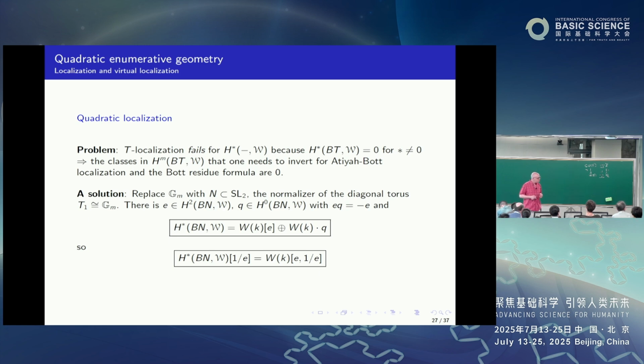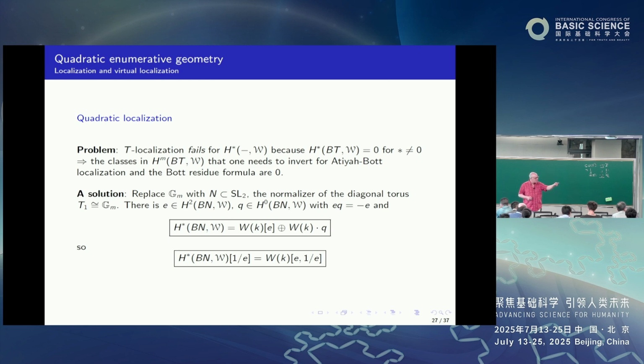There's a solution to that. That's just G_m, the one-dimensional case. You view G_m as the diagonal torus inside of SL_2, and you replace it with a slight non-commutative extension. You just take the normalizer of that torus. And it turns out the Witt cohomology of BN looks very much like the Chow groups of BG_m.